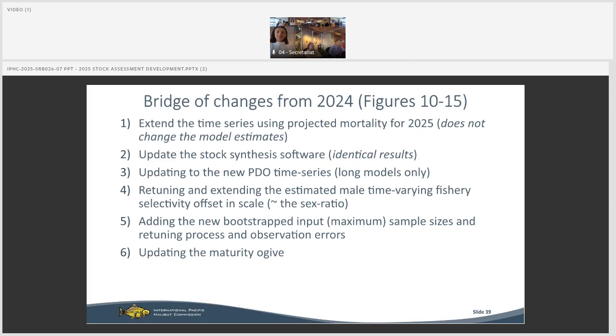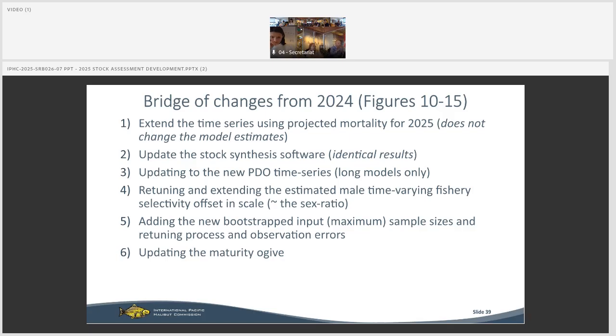Then we investigated updating to the new PDO series. I'll show you results on each of these things as we go along. Then I looked in depth at extending and estimating the male time varying selectivity offset. So this is when, you may recall from 3 years ago, I extended all of the time varying selectivity vectors into the forecast period, but I didn't extend the fishery offset in scale into the forecast period.